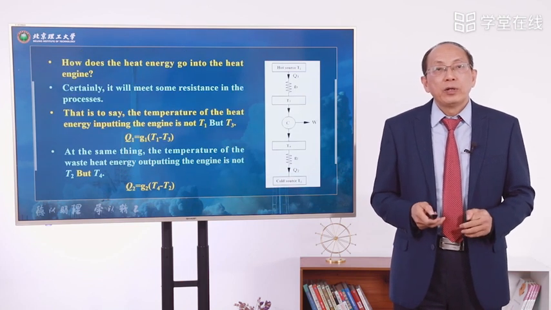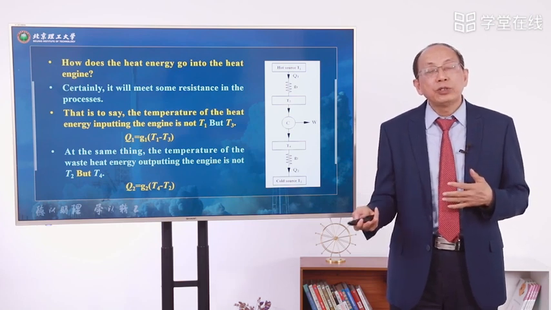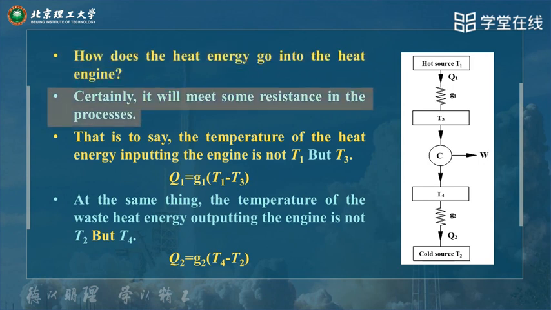Okay. When we understand the energy entering the engine needs some time, how does the heat energy go into the heat engine? Certainly, it will meet some resistance in the process.